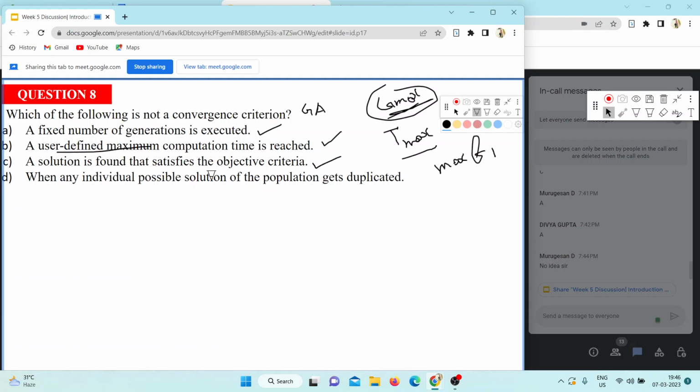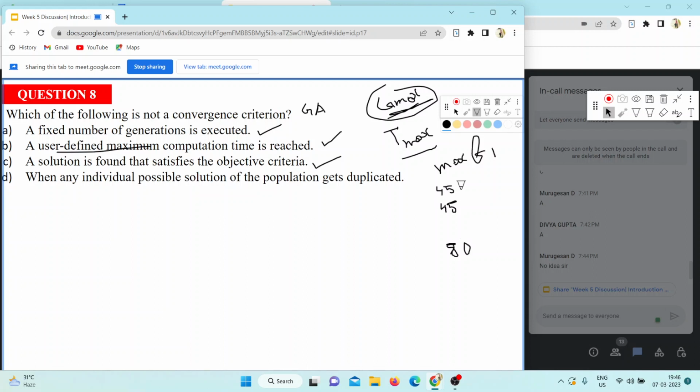But answer D, when any individual possible solution of the population gets repeated, like one fitness value was coming 45, another one is also coming 45, but you have to find the maximum fitness value, and your maximum fitness value is actually 80.